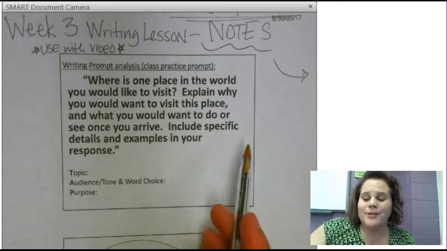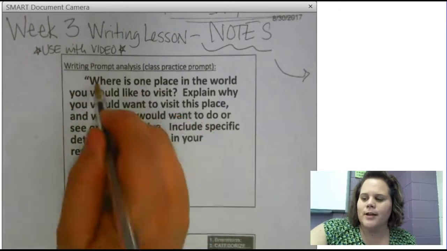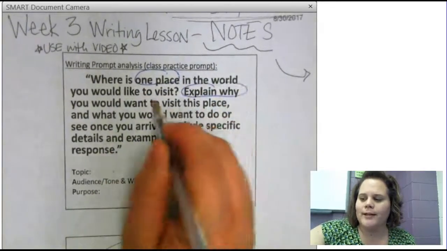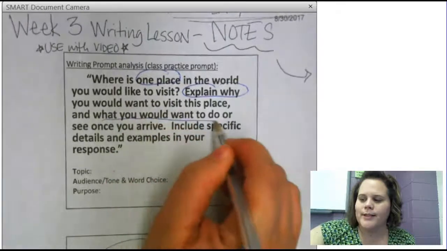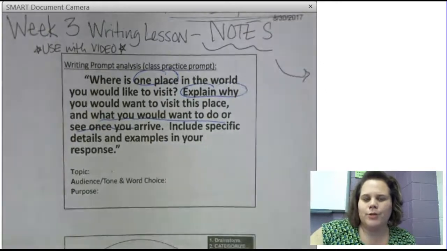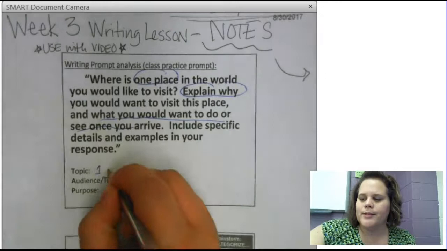We've already read it a few times because we read it last week, so I will remind you that it says one place you would like to visit, and you're explaining why and what you want to do and see. And it doesn't tell you whom you are addressing. So our topic is one place to visit.